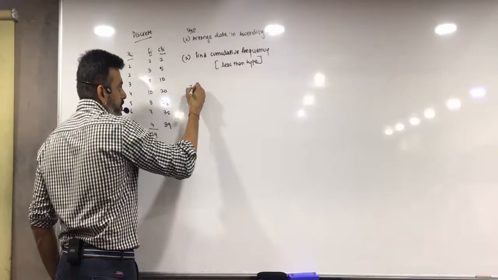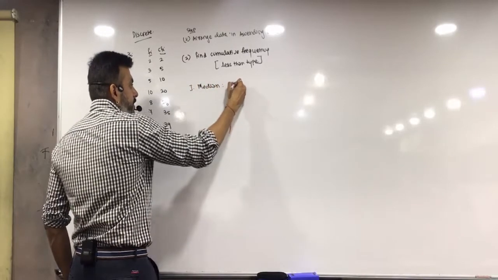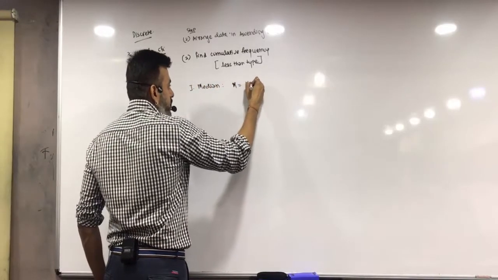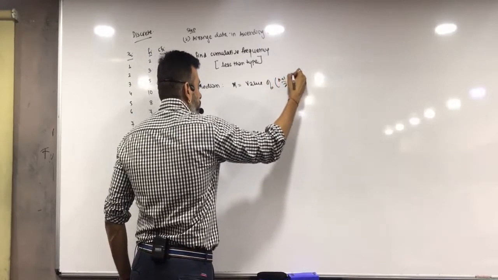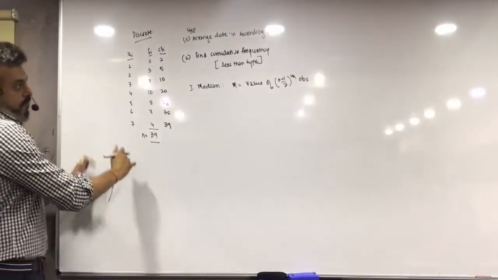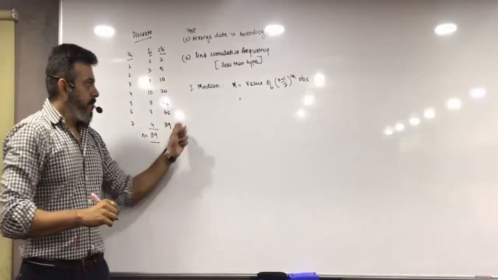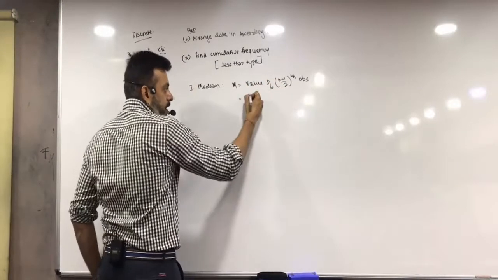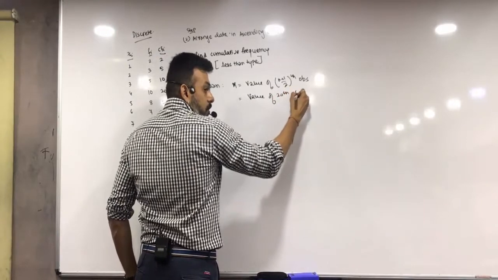First measure is median. Median is equal to the value of the (n plus 1) upon 2 th observation, which is equal to 39 plus 1, 40, so the value of the 20th observation.